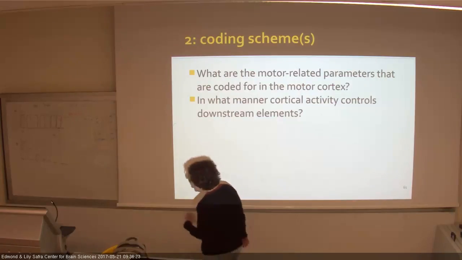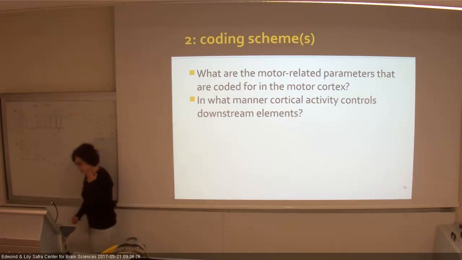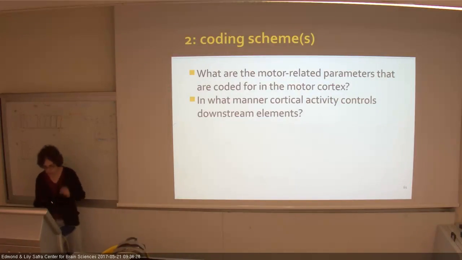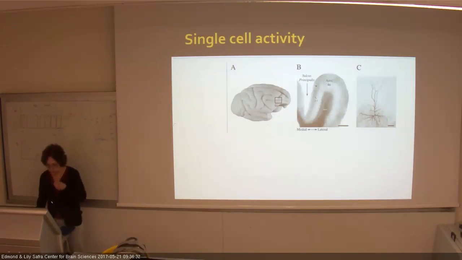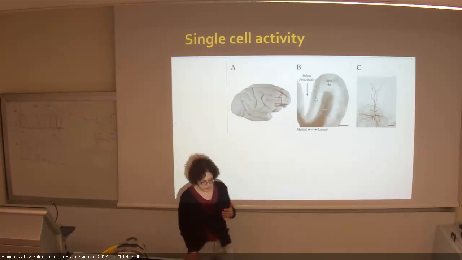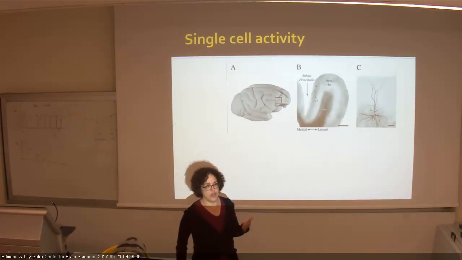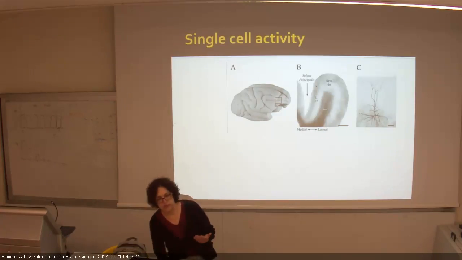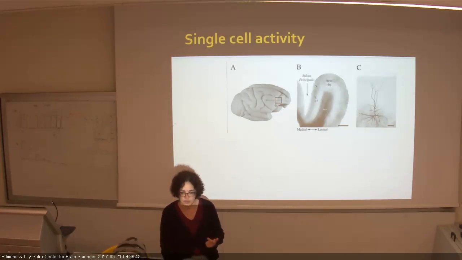Okay, so now we try to understand how movement is controlled by activity of single cells in the motor cortex. And again, most studies are using non-human primates for this. There are two reasons for this.